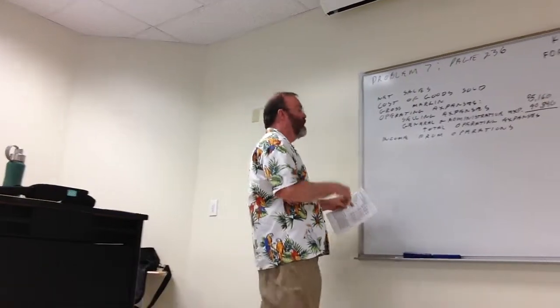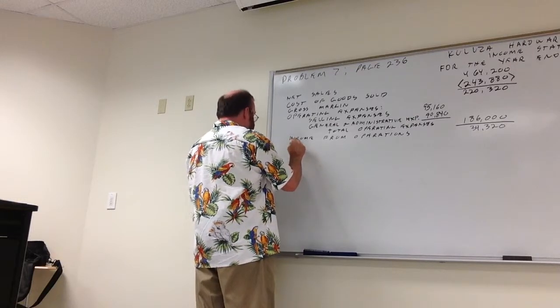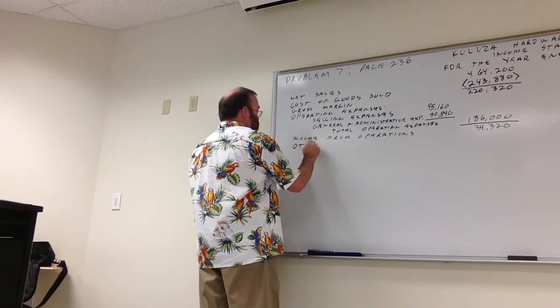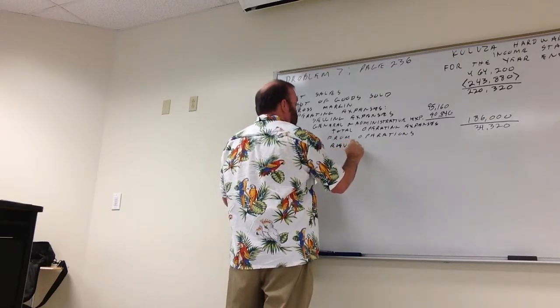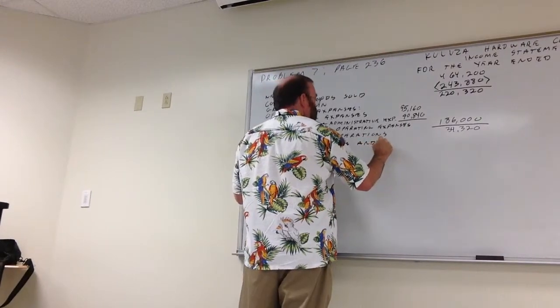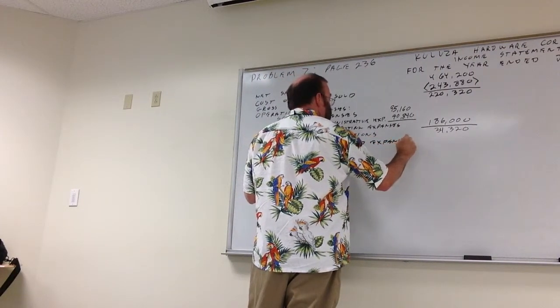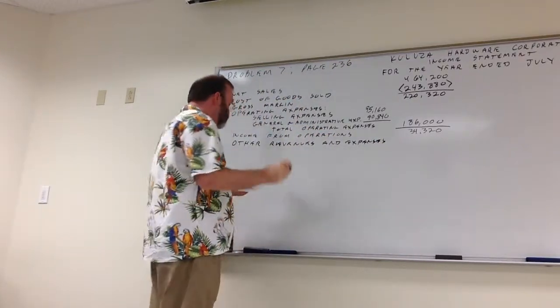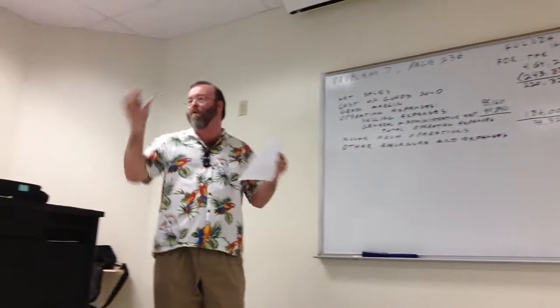To that, we're going to add or subtract other revenues and expenses. This is where we're going to put items that are outside of our core operations.